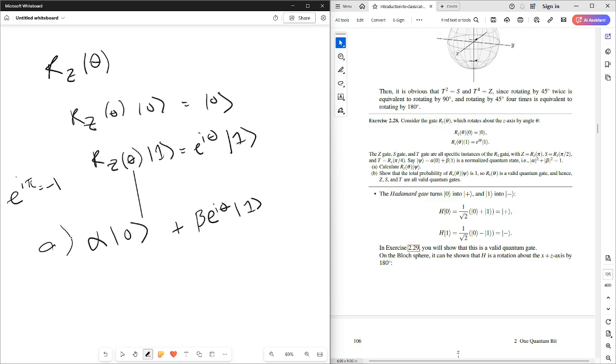Show the total probability is 1, so that RZ is a valid quantum gate. Okay, so we'll just do the norm squares.